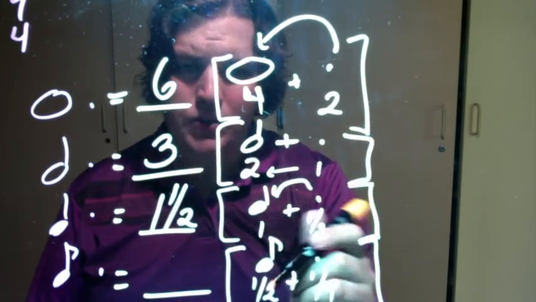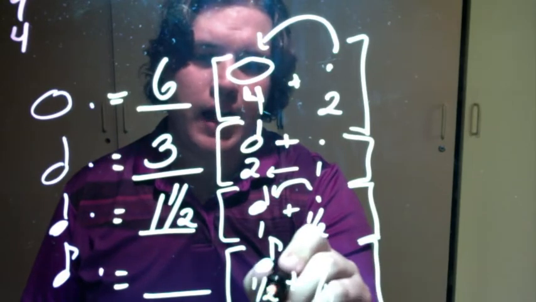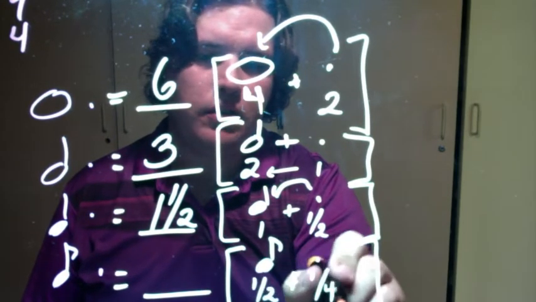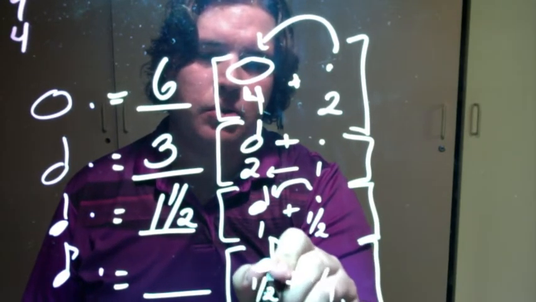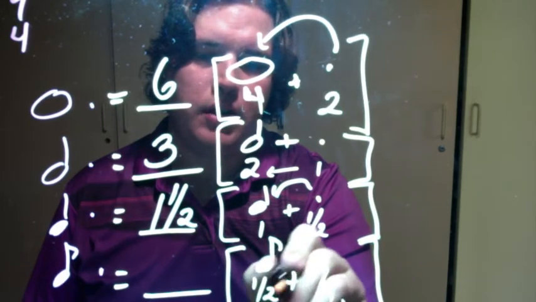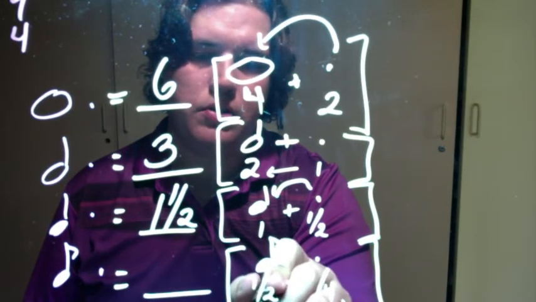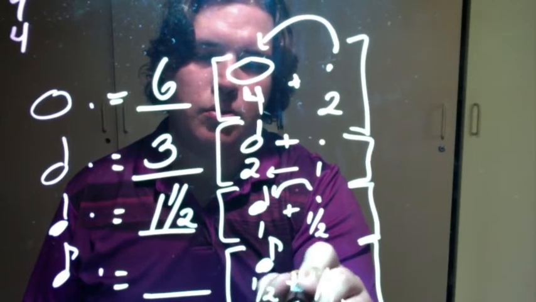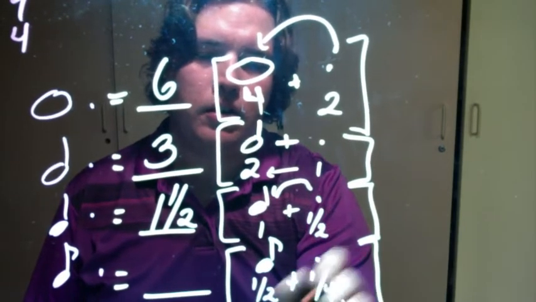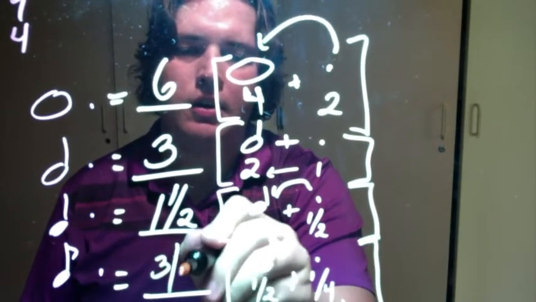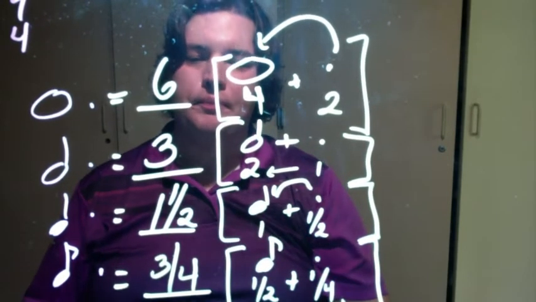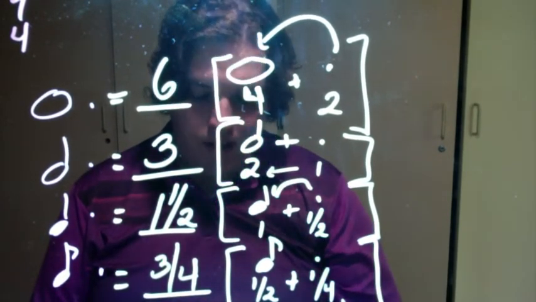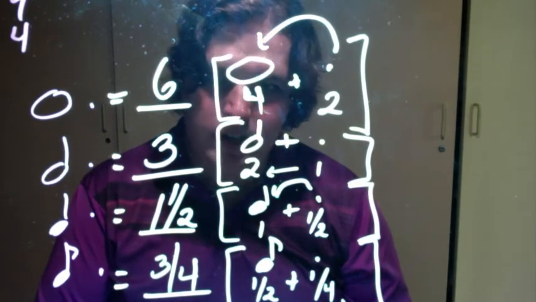If you really want to get super tricky, then we're talking about adding unequal fractions. So that means I have to change 1/2 into whatever it equals in quarters. So that means that I'm going to have 2 quarters plus 1/4. So over here, that's 3/4 of a beat. Okay, and that's basically how we break down the dot.